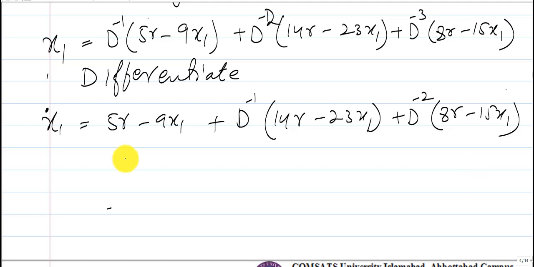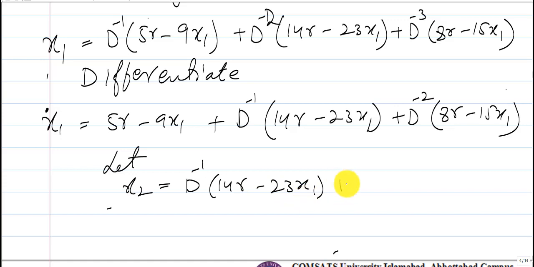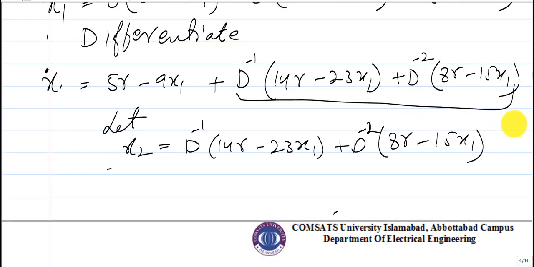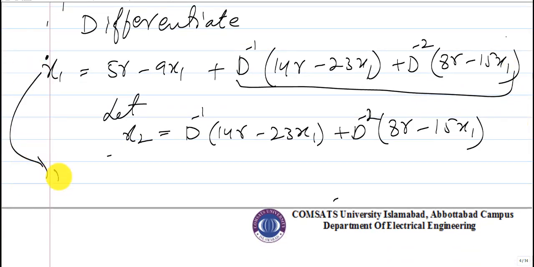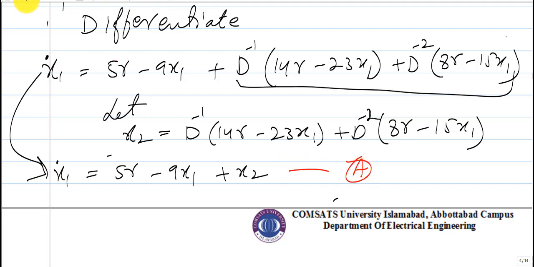Now we define x2 equal to D^-1 (14r minus 23x1) plus D^-2 (8r minus 15x1). Putting this x2 here, x1 dot is simply equal to 5r minus 9x1 plus x2. We call this equation A.